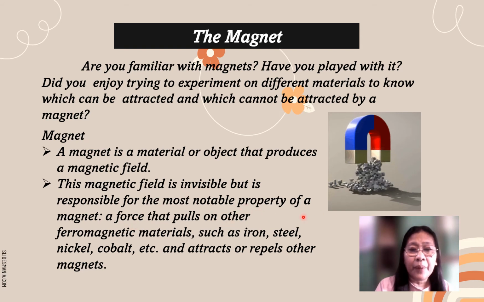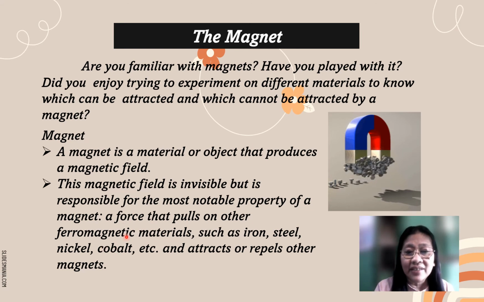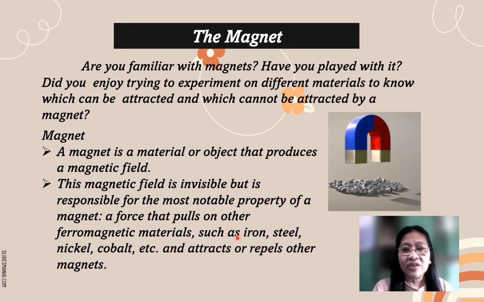The notable property of a magnet is a force that pulls or pushes other ferromagnetic materials. It pulls ferromagnetic materials. What are those ferromagnetic materials? Such as iron, steel, nickel, cobalt, and others.